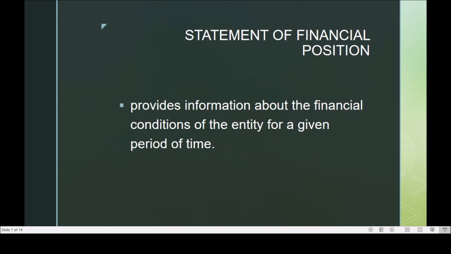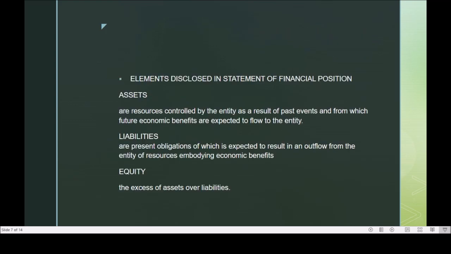Ibig sabihin, the statement of financial position will provide the solvency, liquidity, and the capital balances of the company, the amount of liabilities that the company has, and the amount of assets that the company has in order to continue its operation. That's the statement of financial position.